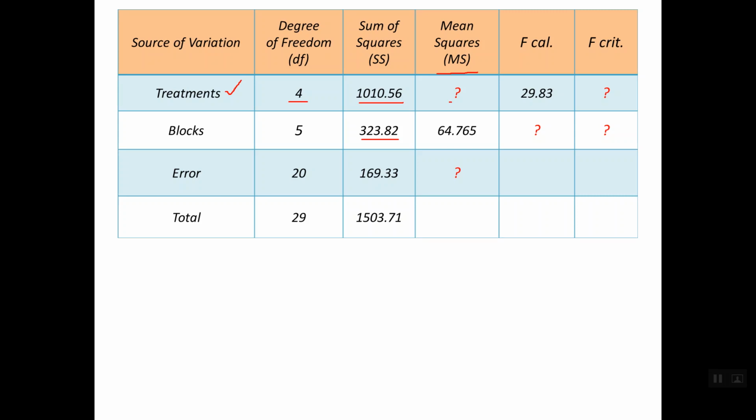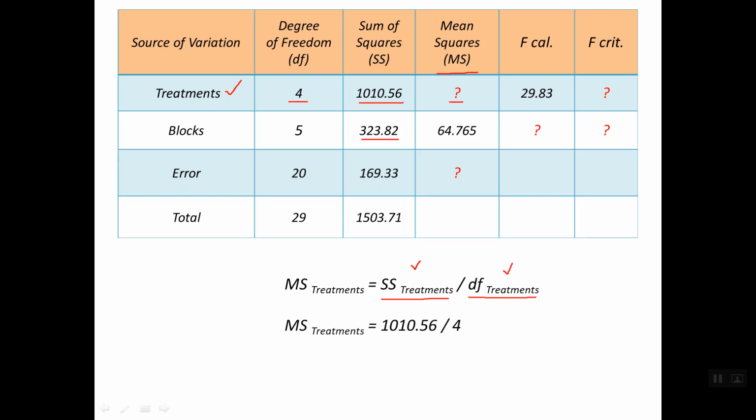So simply we can calculate the mean square for the treatments, because the formula for the mean square is simply dividing the SS for the treatments by the degree of freedom for the treatments. The SS for the treatments is known, and the degree of freedom for the treatments, again, is known. So we can simply substitute.